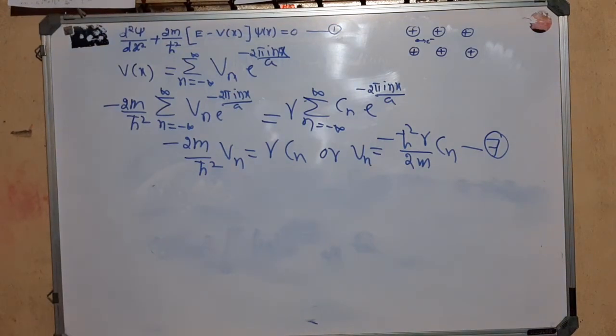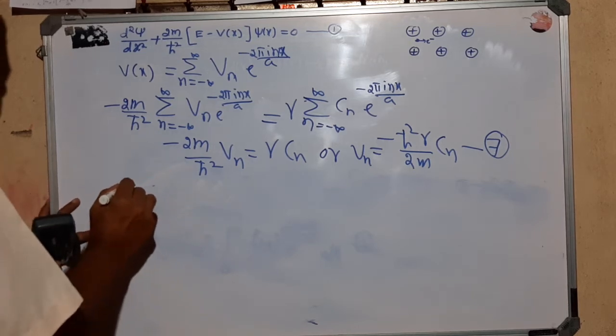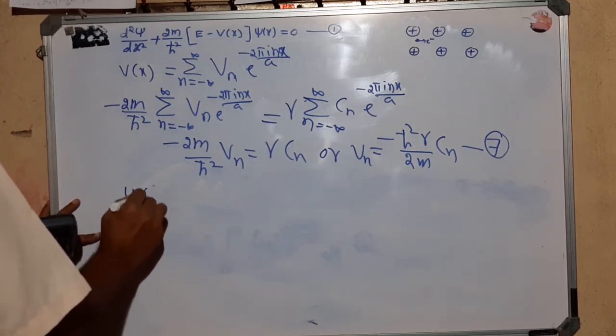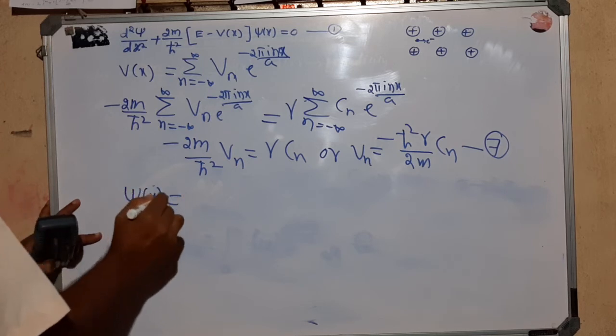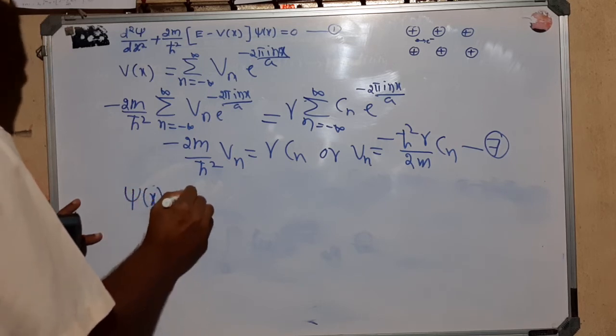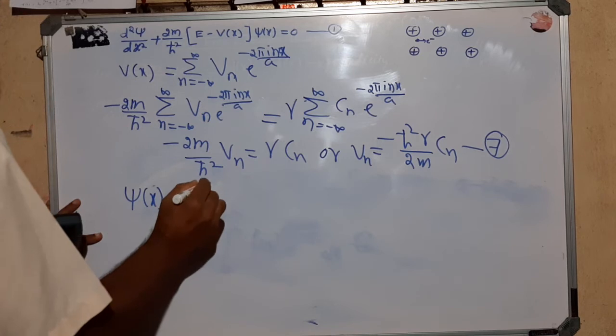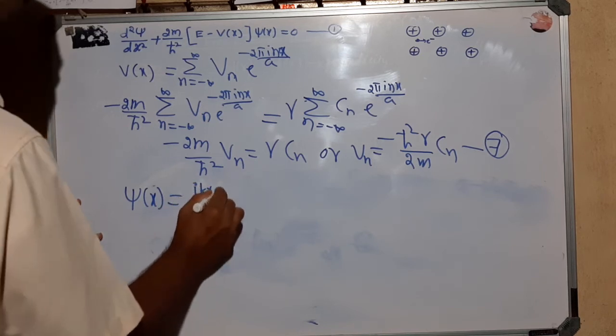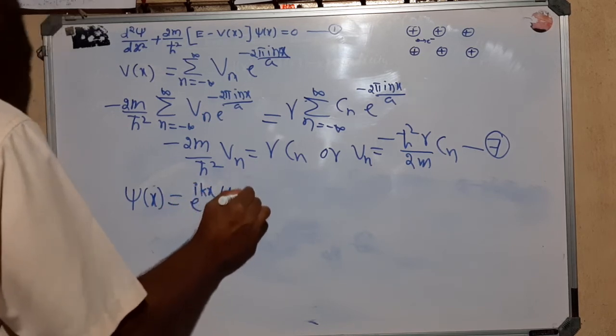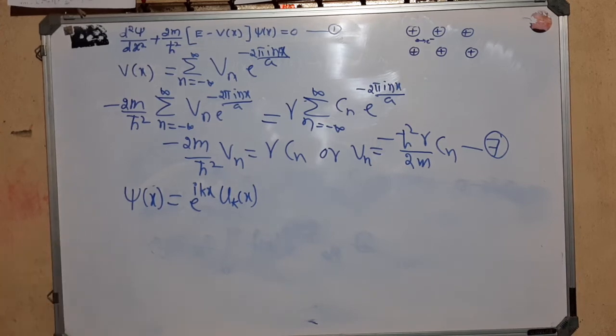Now, let us recall the Bloch theorem. According to the Bloch theorem, the wave function psi of x is equal to e to the power ikx into uk of x. So here again uk of x is a periodic function.